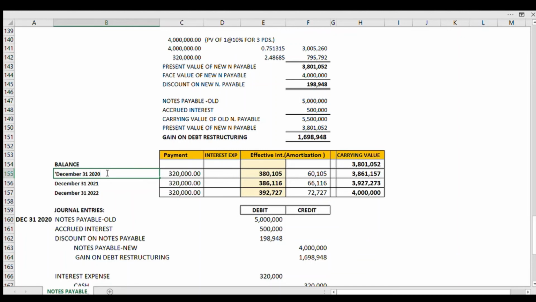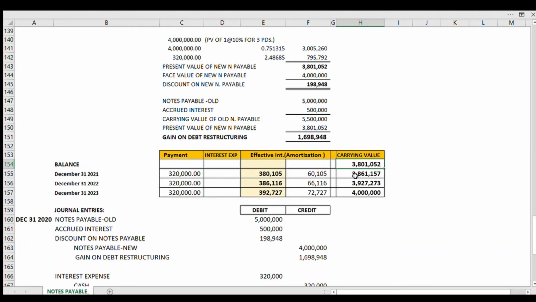This is going to be on 1, okay, and the second year or the second period, this is going to be 2, and on the third and last year is going to be on the 2023. So, the first amortization and the payment of interest, ano, 3,801,052. Okay?